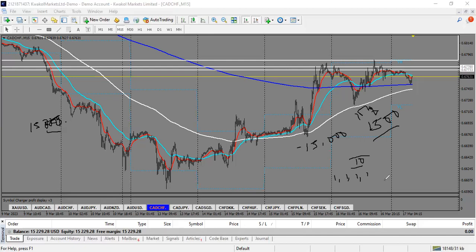That means I have a 10-trade losing streak. That's not possible, right? If you're good with your technicals, you probably can't have a 10-trade losing streak. Probably you can have a good number of losses, but then you win in the middle: you win, you lose, you win, you lose, you win. But if you are not good with your technicals, probably you can have a 10-trade losing streak.